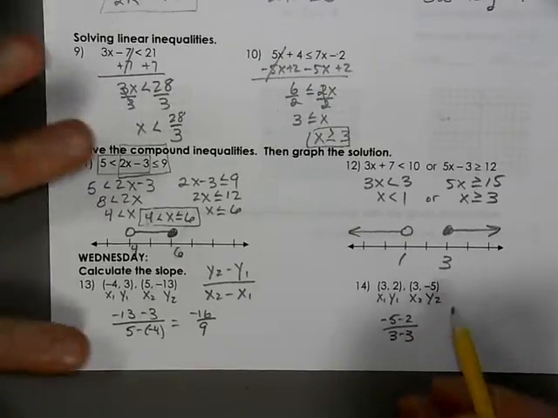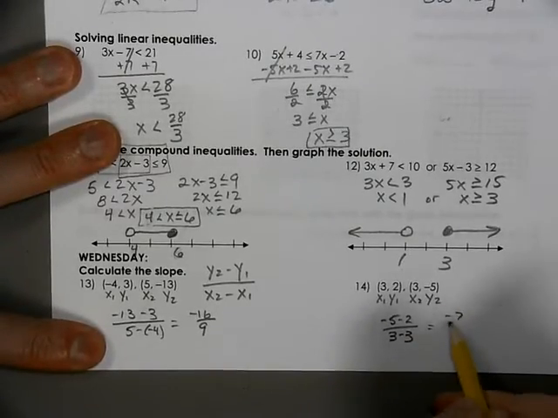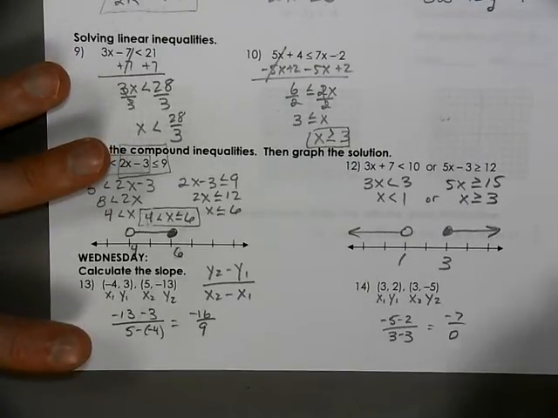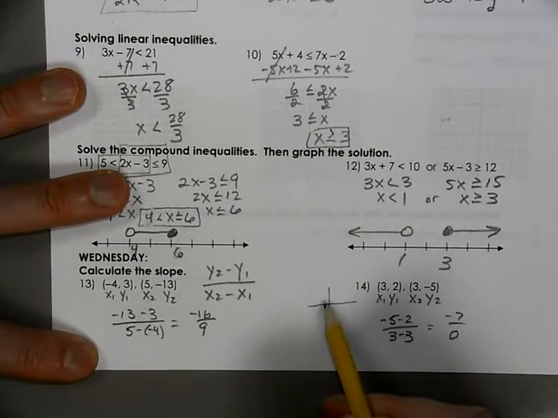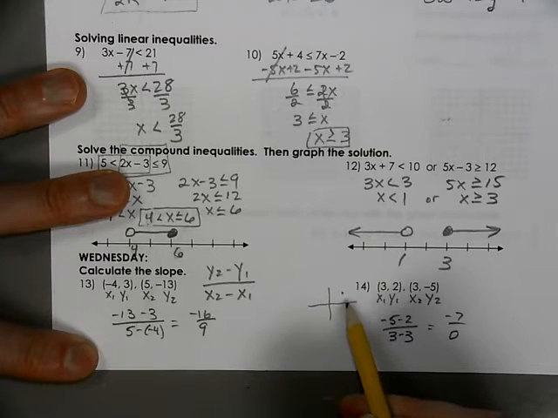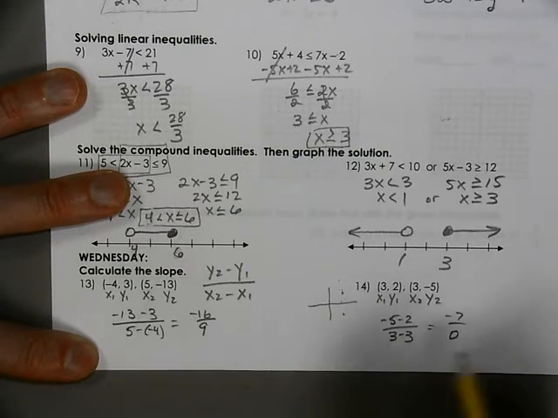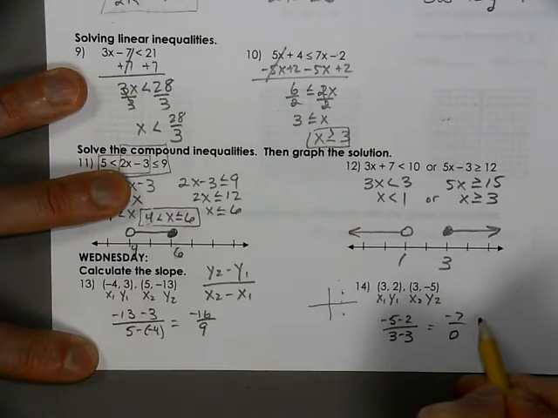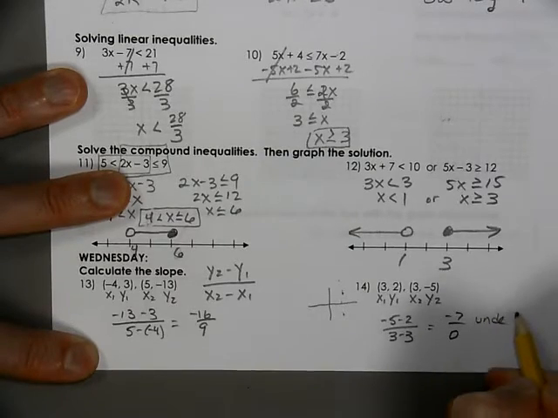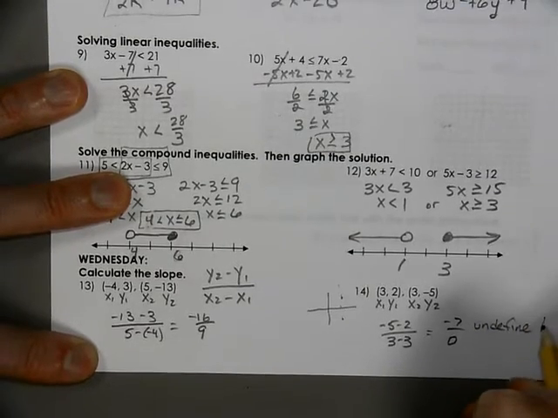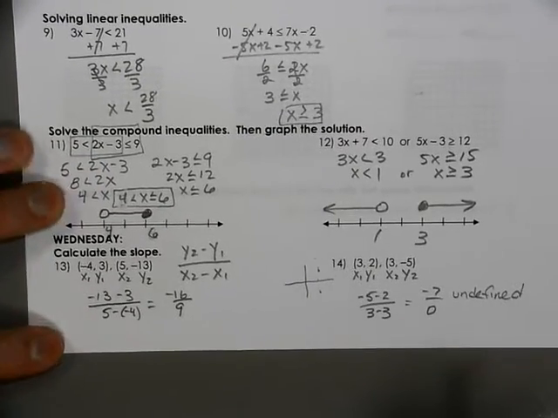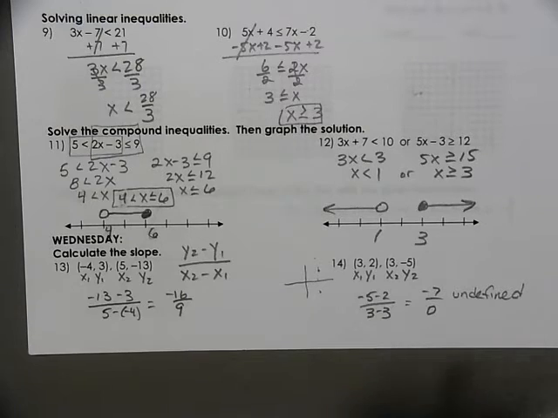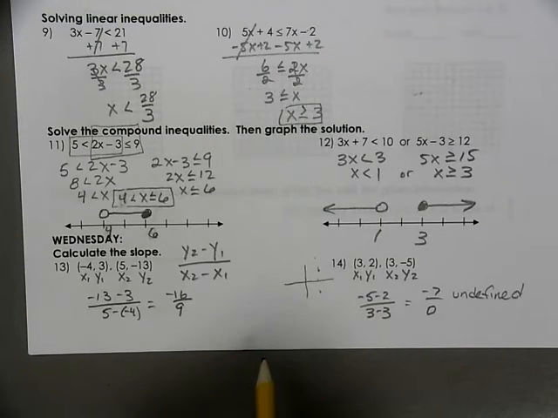In this case, the denominator is going to equal 0, which means that these points would be right above each other. Over 3 up 2, over 3 down 5. So this is undefined. If the 0 was on top of the fraction, it would have a slope of 0. It would be a horizontal line.